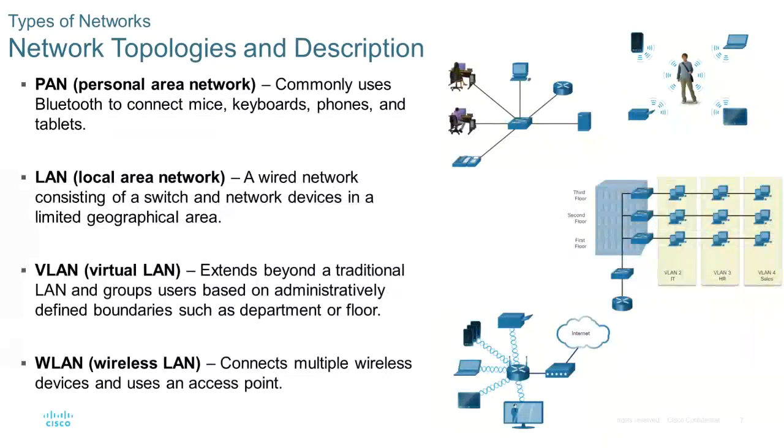Okay, all right. So the different types of network topologies and descriptions thereof. Your PAN, personal area network. This is basically your wireless headphones that you use with your phones. Bluetooth uses this. One to 2 meters is generally acceptable with Bluetooth.